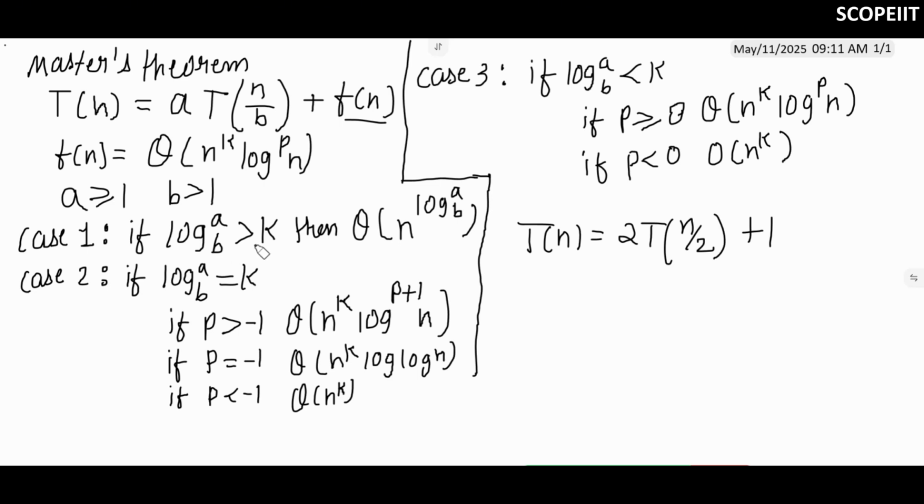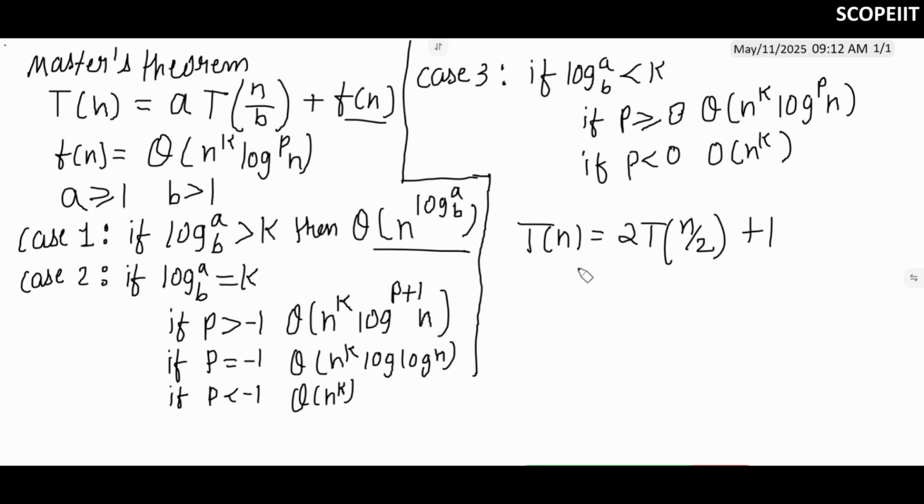If log a to the base b is greater than k, then we apply this one. If it is equal to k, in that case we check the value of p, whether p is greater than -1, equal to -1, or less than -1. Then it will go to the corresponding condition. And if log a to the base b is less than k, then it will go to one of these conditions.